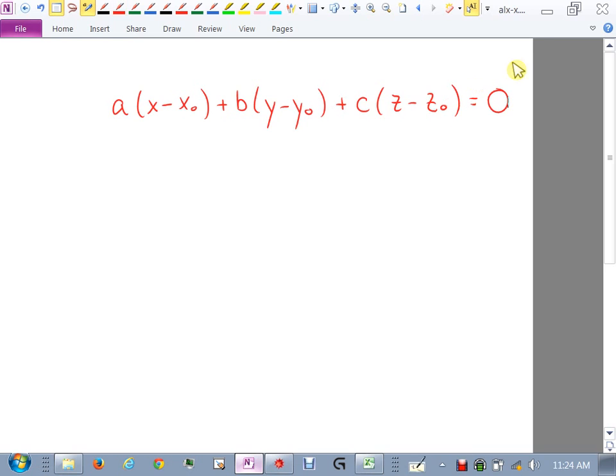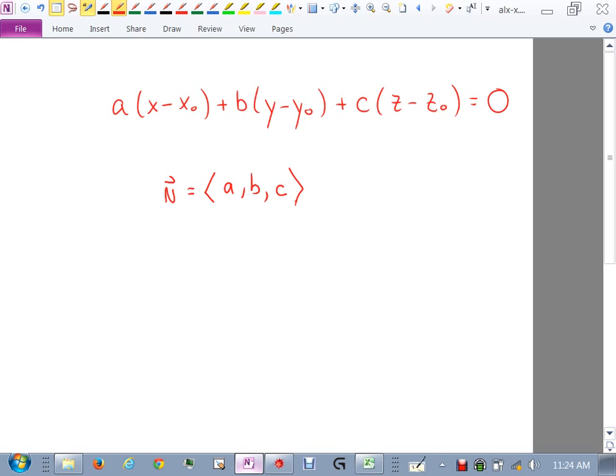So let me bring something up here. I hope you remember this. This is the standard equation of a plane, isn't it? X naught, Y naught, Z naught was any point on the plane, right? And A, B, C made up the components of our normal vector.